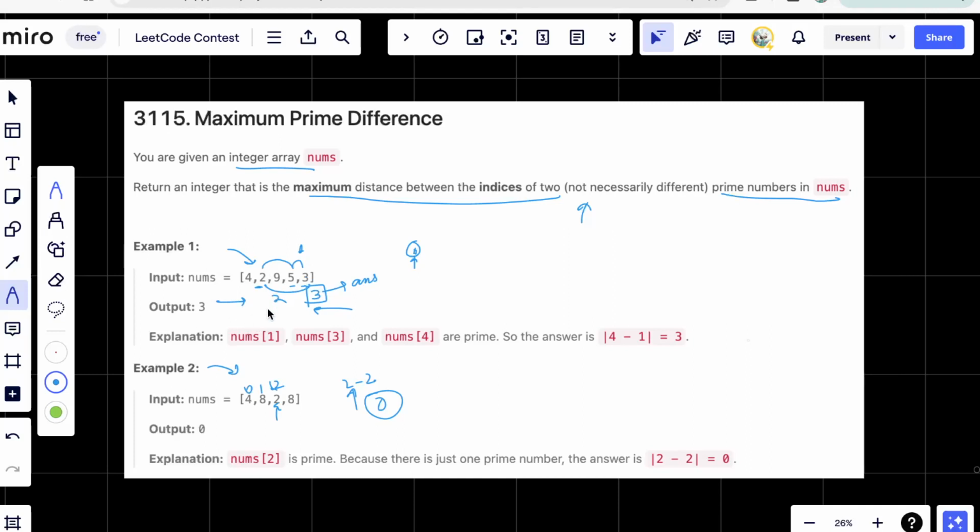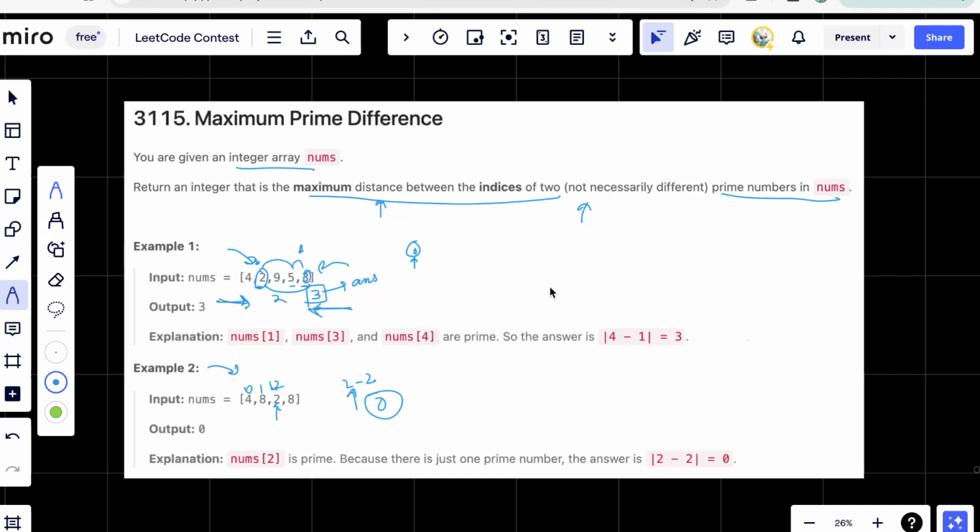As soon as we get those, I can simply subtract these indexes and find the difference. That will be the maximum distance. It's pretty obvious that between 2 and 3 is going to be the maximum distance, not between 5 and 3. So you don't need to consider different combinations. You can simply take the first occurrence from here, the first occurrence from here, and return an answer. All right, so I hope that is clear.